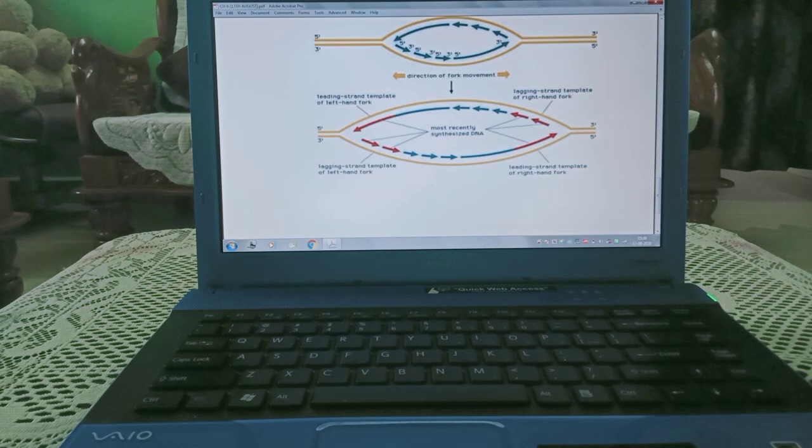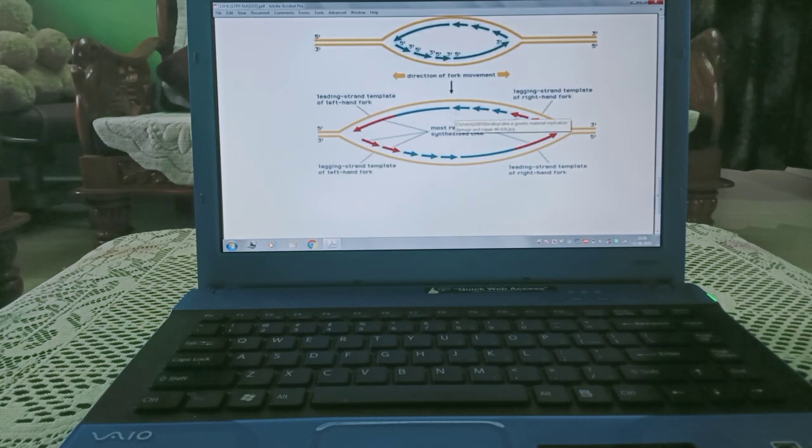The reaction starts from one end and completes at the other end. As you can see, the reaction is starting from here, it is going here, and this is the leading strand template of the right-handed fork, and here is the direction of fork movement.